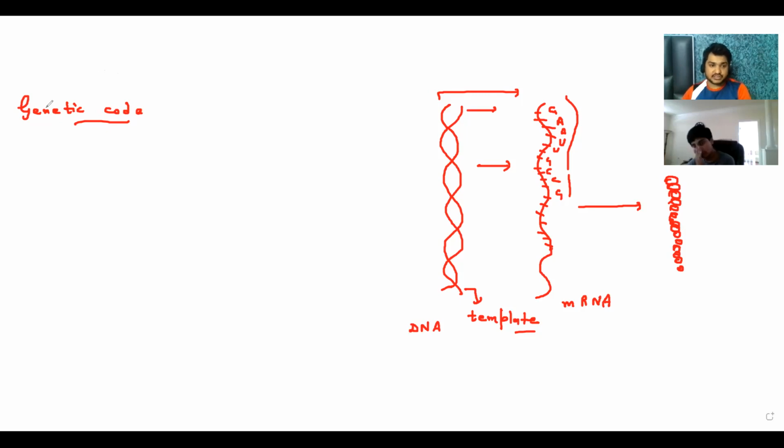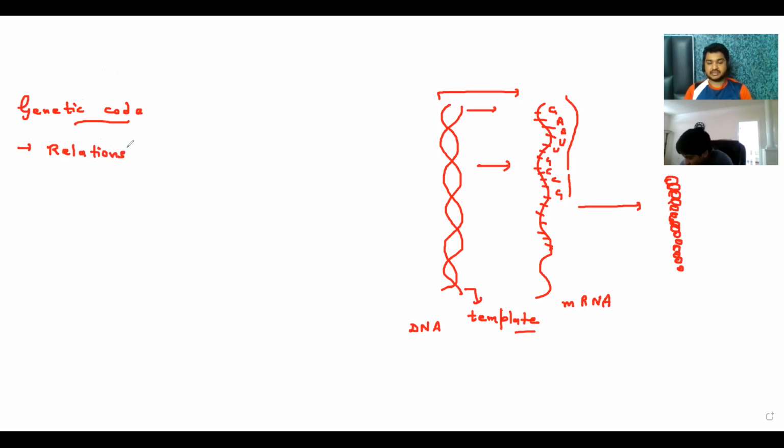So genetic code means, can we say that it's a relationship between the sequence of the nucleotides on the mRNA and the sequence of amino acids? Yes. So it is showing the relation. So I can write it there. So genetic code is what?